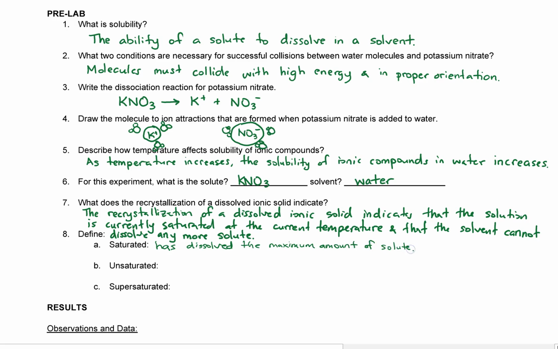Meaning, if I were to add any more solute into a saturated solution, the solvent would not dissolve those solute. So, for a graph, y'all, if I were to graph this, if this is my line, any point along this line is considered to be saturated.